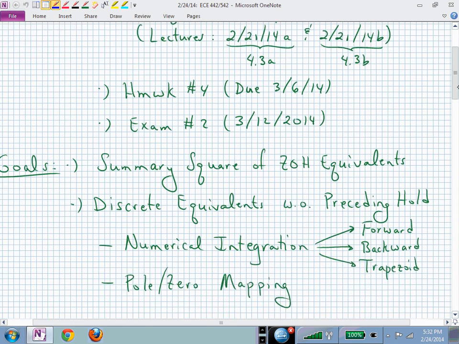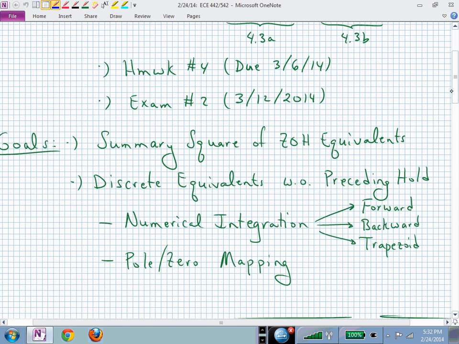We will go over that very quickly in this summary of the zero order Hold equivalents, and I've created a square to give you a way to visualize what you're doing, or how to orient yourself when we're talking about finding these discrete equivalents, and in particular using the zero order Hold, which means that we're preceding this transfer function with the zero order Hold.